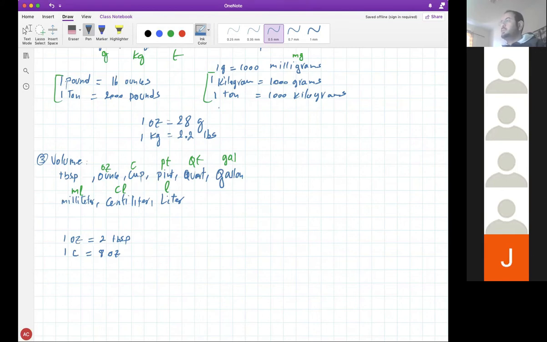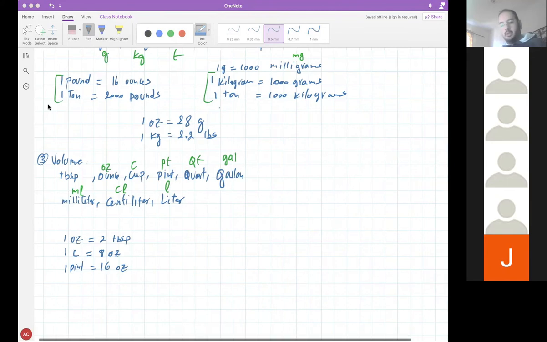What about pints? Pints and ounces. 1 pint, in terms of ounces, is 16. Okay, let me just make sure on that. 1 pint should be 16 ounces.